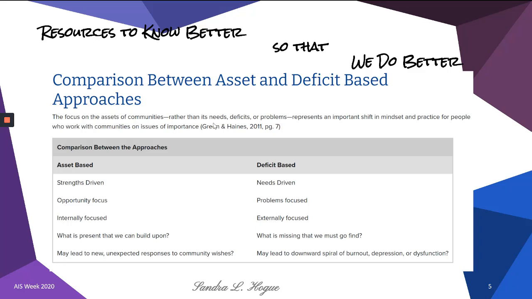And so this resource just reminds us of that. Once again, that was Moll's work, Funds of Knowledge, but these are other researchers, and it looks at asset and deficit-based approaches, right? So in this document that's part of a module from this university, it looks at this notion of assets, looking at things as assets versus deficits.